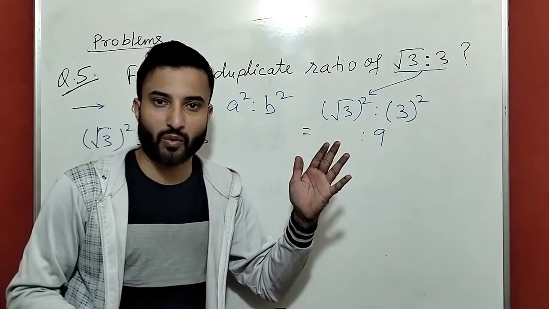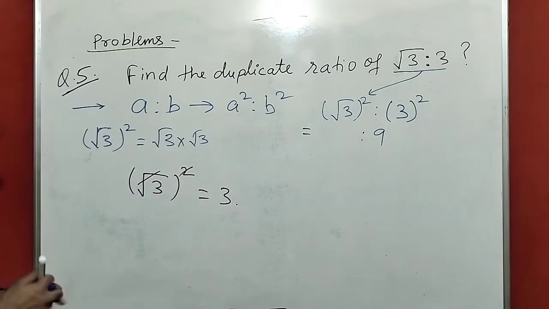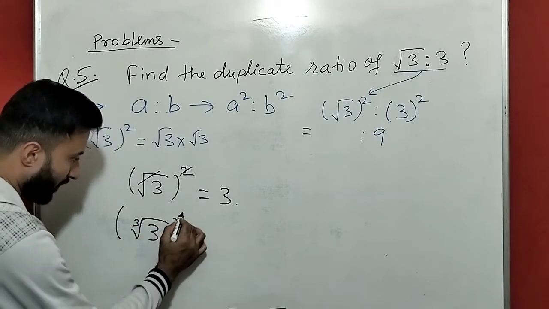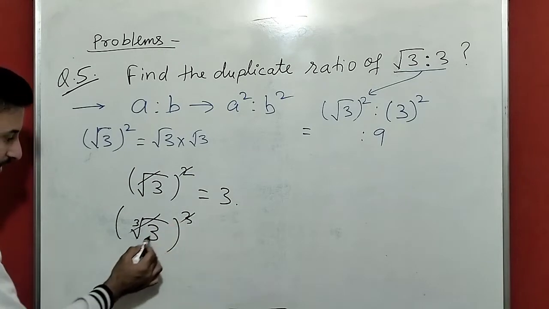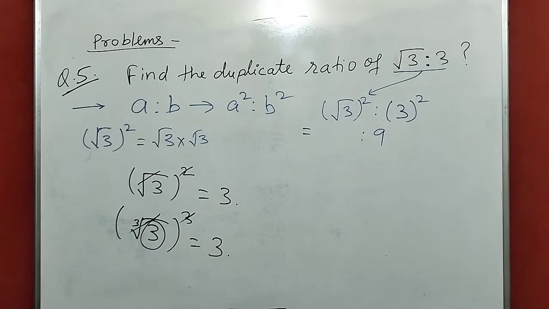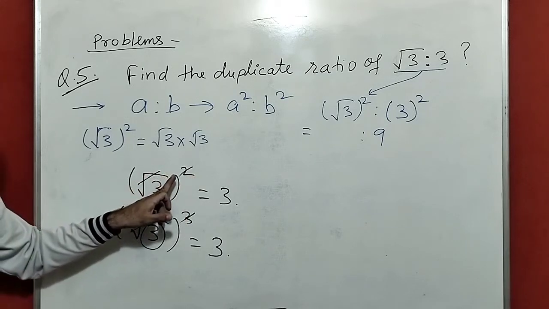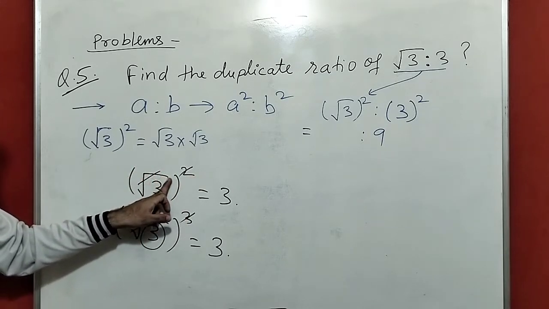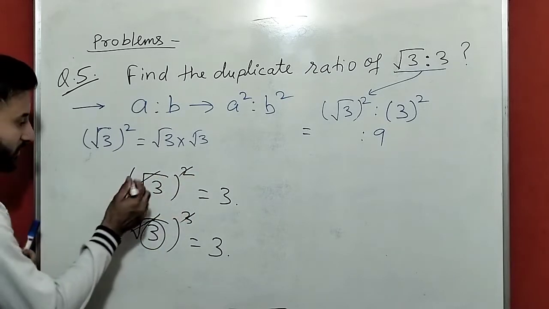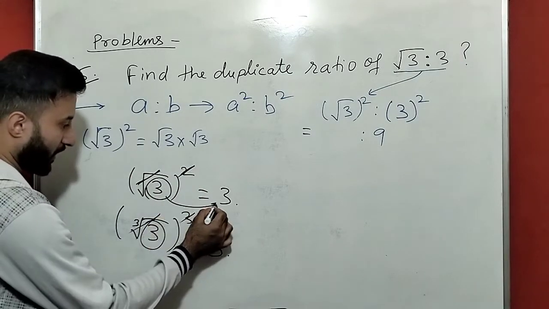Likewise, if you have a cube root and the power is cube, the cube root and cube get cancelled, and you get 3 as the answer. So if you have a square root and the power is square, they cancel, and whatever the number is, that is the answer.